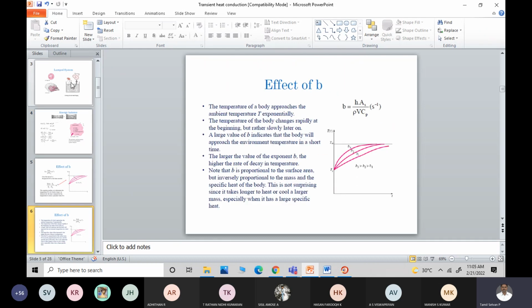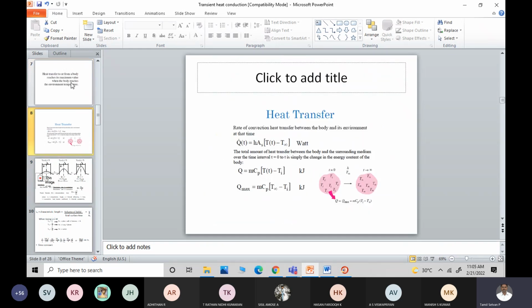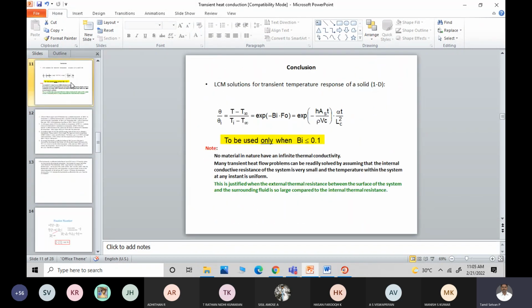And there is also one more thing mentioned here: Q at time T is equal to hA into (T at time T minus T infinity), which is nothing but the surrounding fluid temperature. So these are all the things which were expected from you, and you people didn't do it properly.